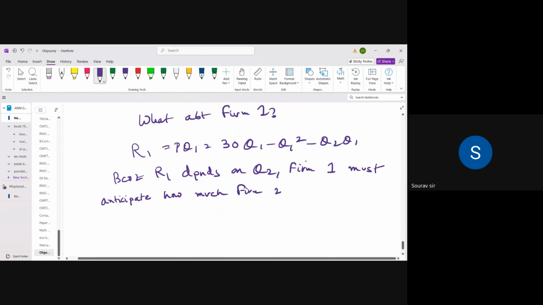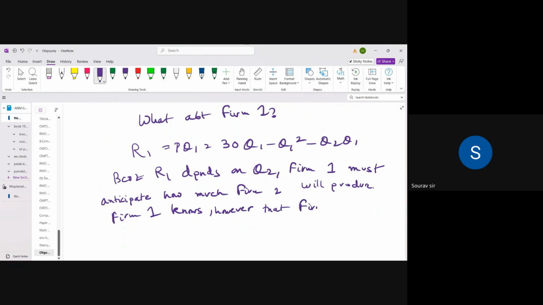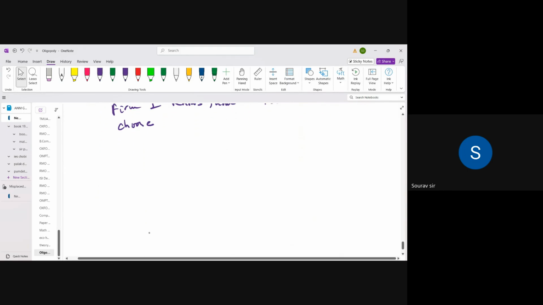Okay. So now because R1 depends on Q2, firm 1 must anticipate how much firm 2 will produce. Firm 1 knows, however, that firm 2 will choose Q2 according to the reaction curve.